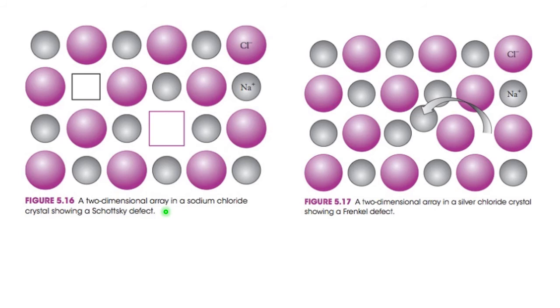In reality, many real crystals, if not all, have some defects. Let's look at some most common defects. One is Schottky defect, when you have 1 anion lost and 1 cation lost.